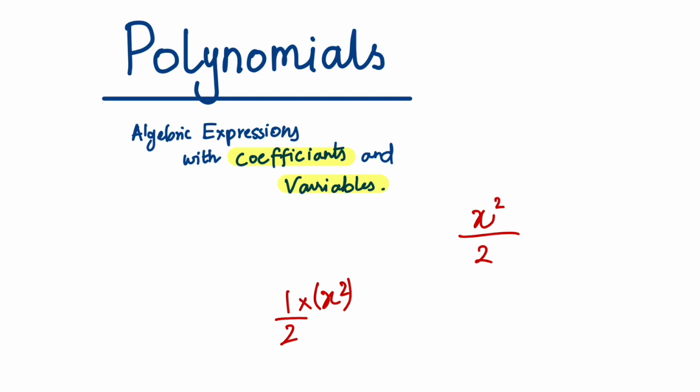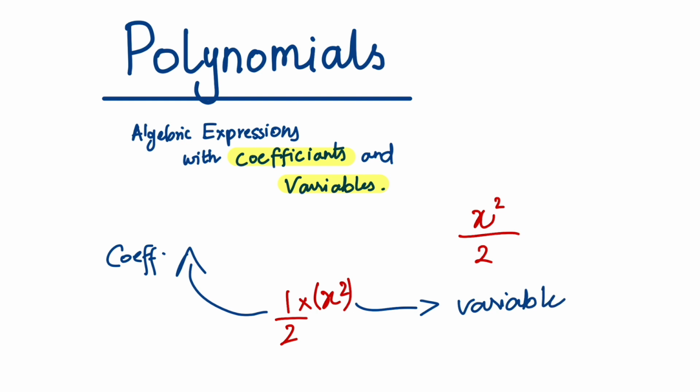So 1 by 2 here is going to be your coefficient, and this part is going to be a variable. Because what exactly is a variable? Variable means the value can vary. You don't exactly know the value of x. It can vary depending on a lot of things.